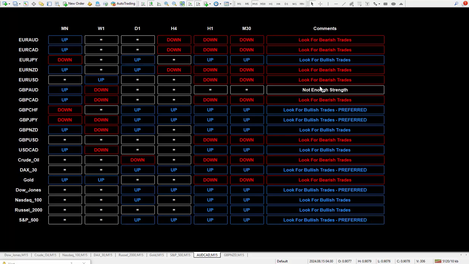It can do a slight change, but generally if the higher time frames are recommending up or down from the daily, weekly, monthly, then there's a good chance you're going to be going in that direction.